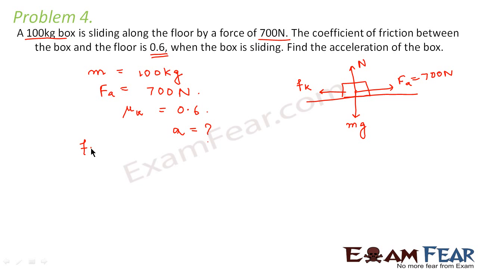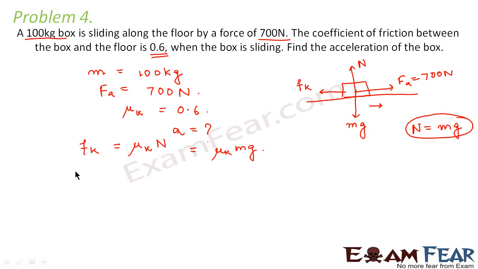Now we know from the definition of kinetic friction that Fk is equal to mu k into N. From this free body diagram, we know that N is equal to mg because there is no motion in the vertical direction. So mu k into mg. Also, we know that there is a motion in the horizontal direction towards right.